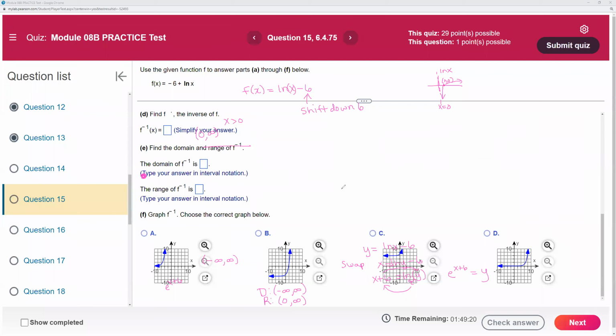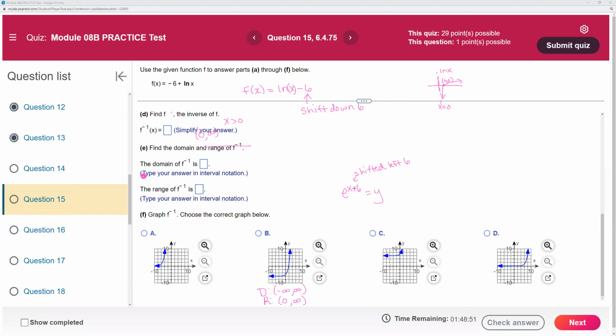Well, when you have e to the x plus 6 equals y, I'm going to erase all the other stuff that's in the way of the graphs. Got my domain and range there so we can see that. This is going to be shifted left 6. It's inside the parent function because it's inside that exponent. And remember, you see opposite of what you see.